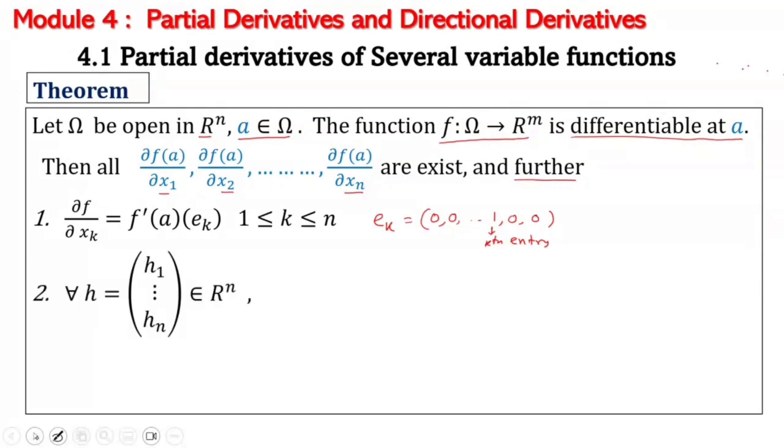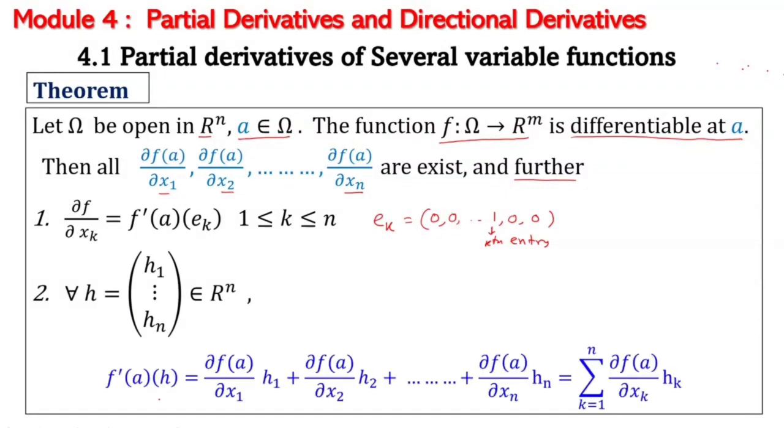And for all h belongs to Rn, we can write f dash a h as the partial derivative with respect to x1 times h1, with respect to x2 multiplied by h2, and with respect to xn multiplied by hn, which can be formulated by this summation.